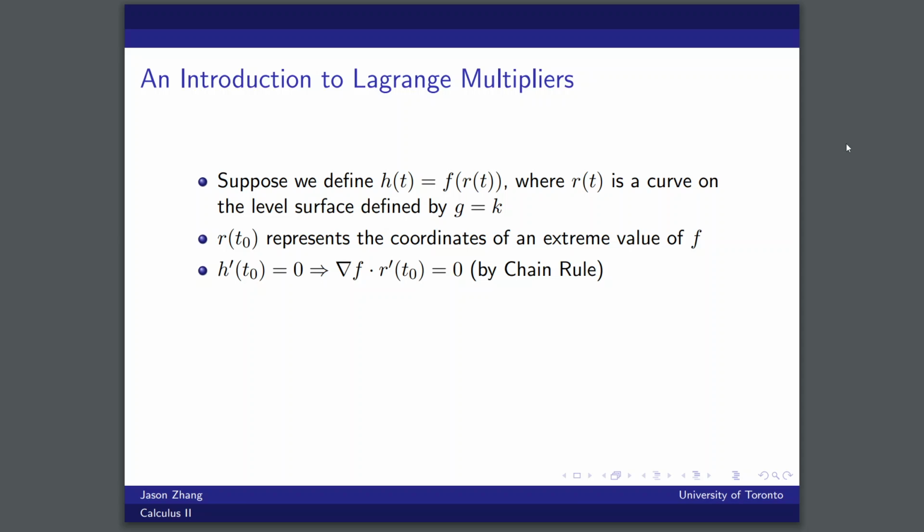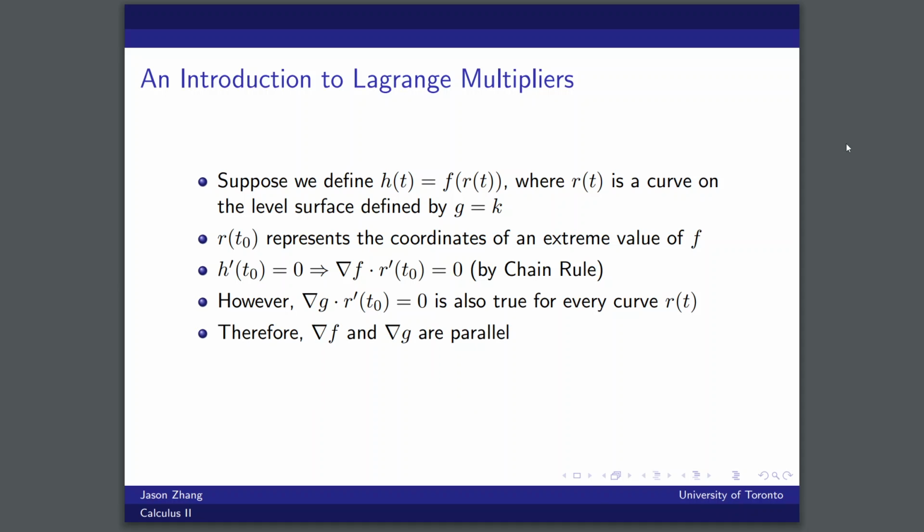And using the chain rule, we see that the gradient of f dotted with r prime of t naught should also be equal to 0. However, we know that the gradient of g dotted with r prime of t naught is equal to 0 is also true for every curve r of t, because r of t is just a parametric curve that exists on the level surface, and the gradient of g will be normal to that level surface.